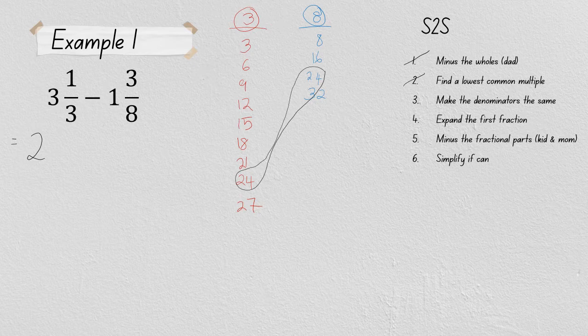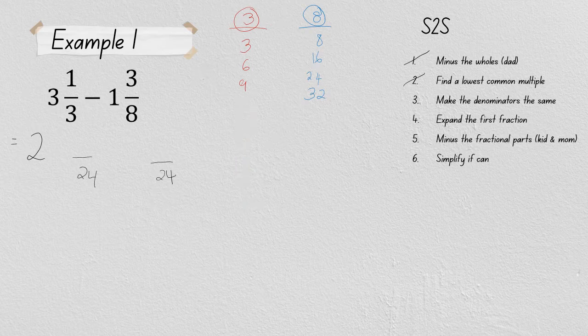Step 3, make the denominators the same. So we are going to change the denominators to 24. I'm just gonna erase this part right here so we have more space for the working.